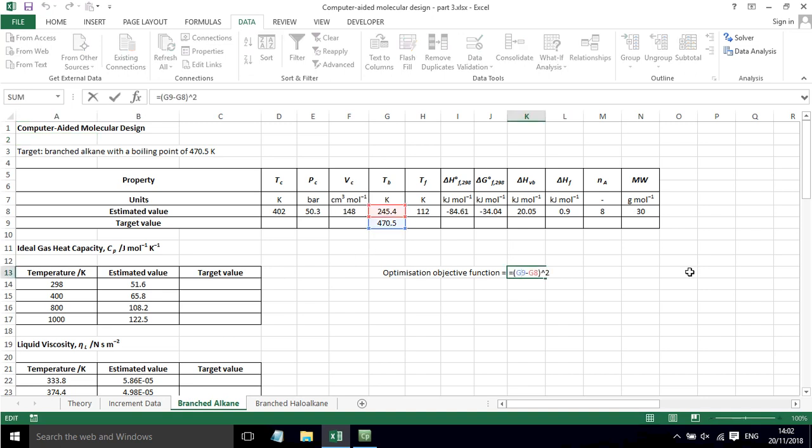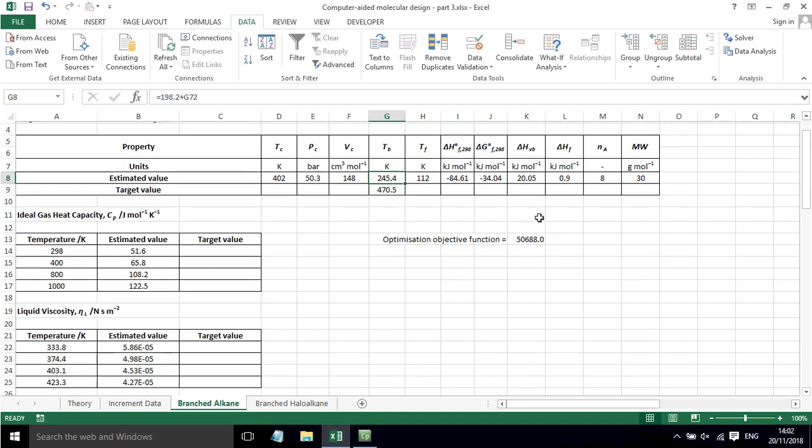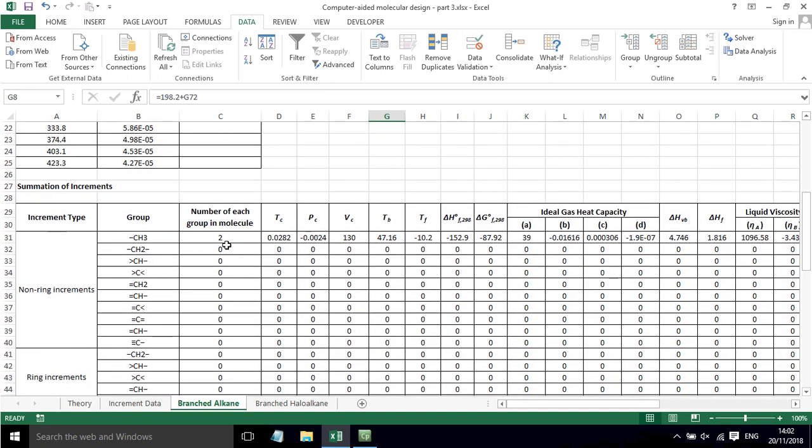So we have an objective function to minimise the difference between the target value and the estimated value, and if we come down here we are going to vary these groups here because these are the groups that we can use to make a branched alkane, and the CH3 groups are going to be determined based on these values.